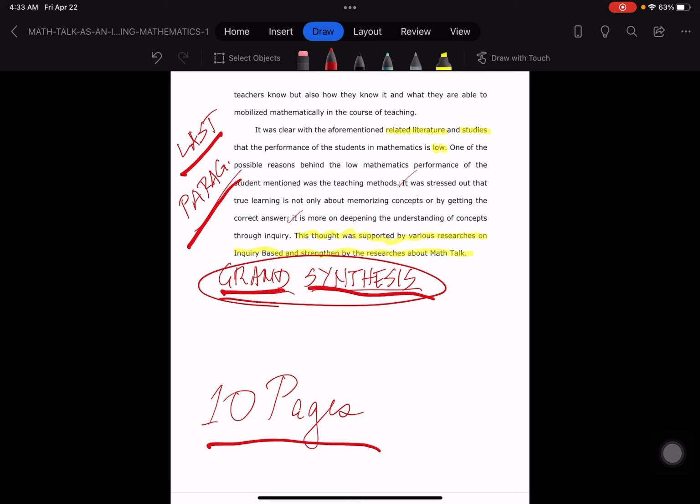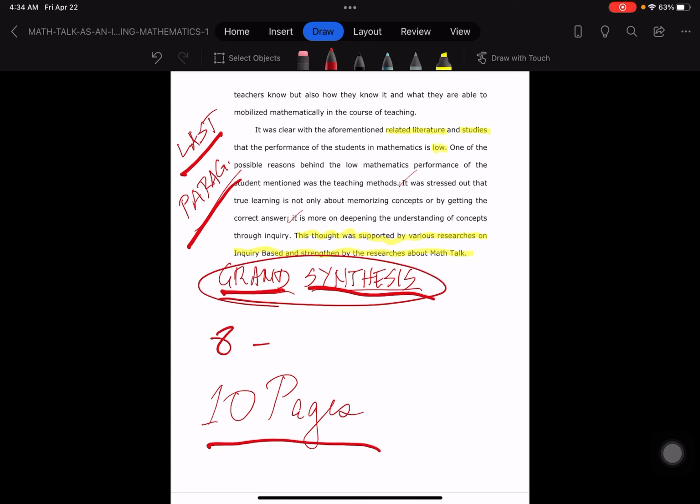And some students, some viewers always ask me, technically how many pages? 10 pages or 8 to 10 pages is already enough, technically speaking. But in our institution, we do not set a particular number of pages for the literature review. The concept that we use is as the need arises.